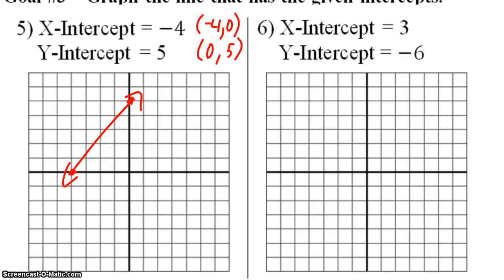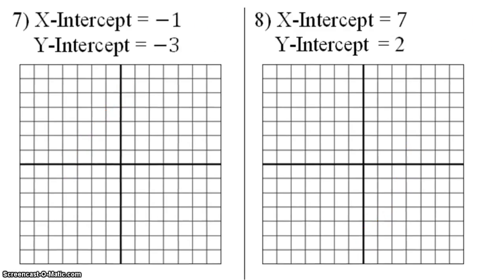If I said the x-intercept is 3, that's the point (3, 0). If I say the y-intercept is -6, that's the point (0, -6). So (3, 0) and (0, -6). There's your line. A couple more like that. If the x-intercept is -1, that's the point (-1, 0).